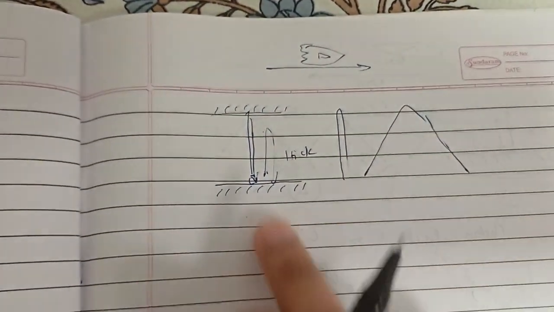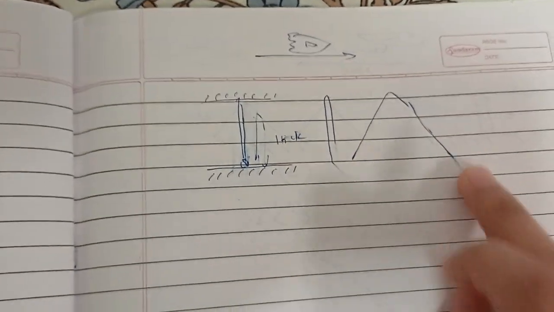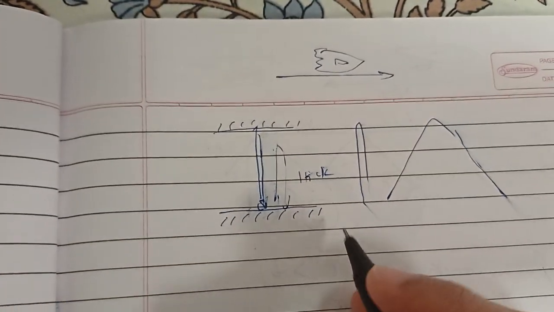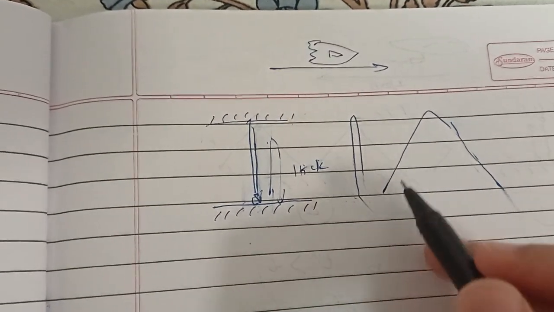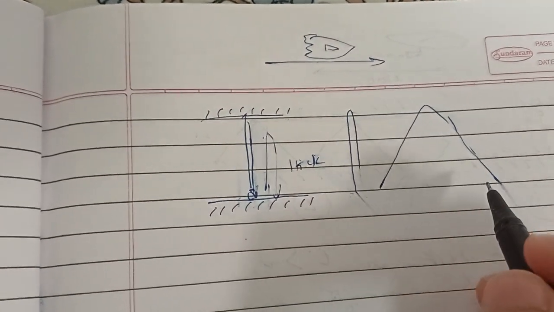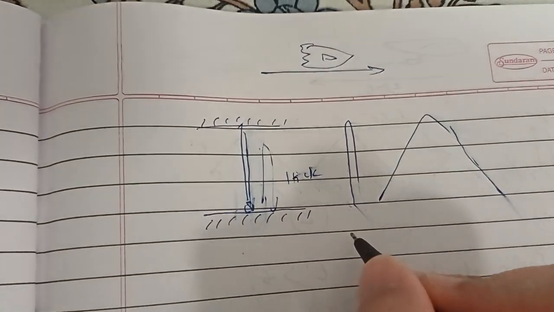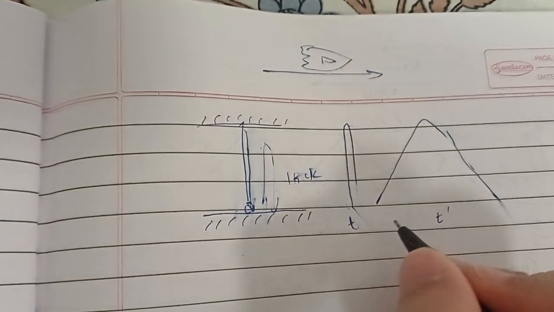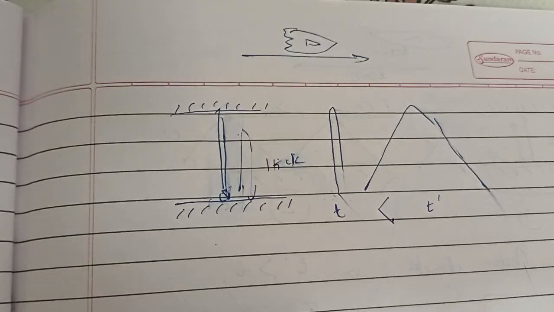So instead of going like this, it goes like these, which takes a little bit more time, and thus the time taken at rest is lesser than the time taken while you are in movement, right? So t is the time at your rest, and t dash is your new time. T dash is greater than t, which is exactly what I said earlier.